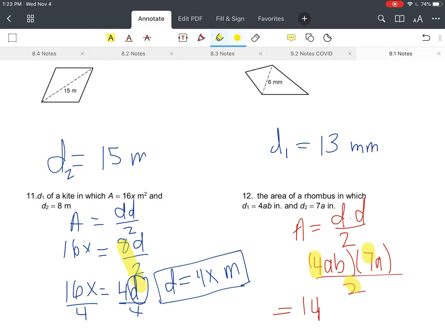And I could go ahead and divide by 2. 28 divided by 2 is 14. Now for my variables, I can multiply A and A together. And A times A will be A squared. And then there's just a B, nothing to multiply it with. So 14A squared B would be the answer, and my units are inches squared.